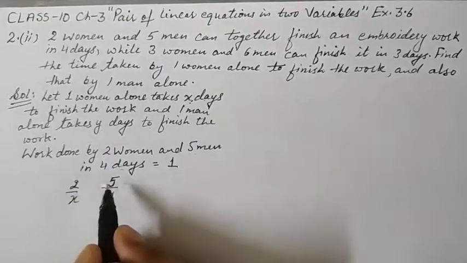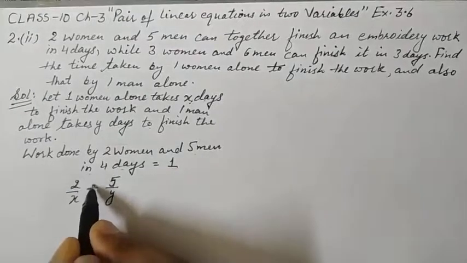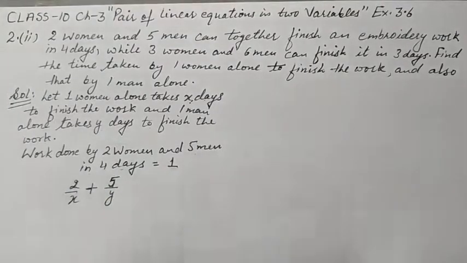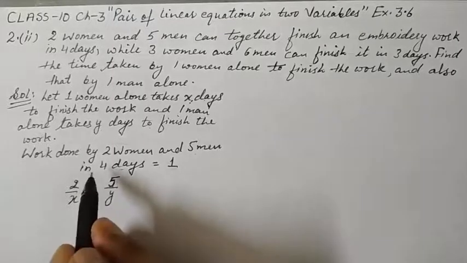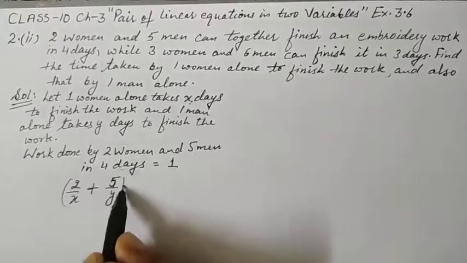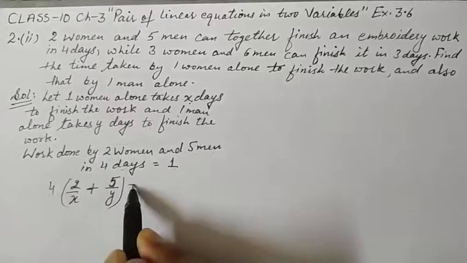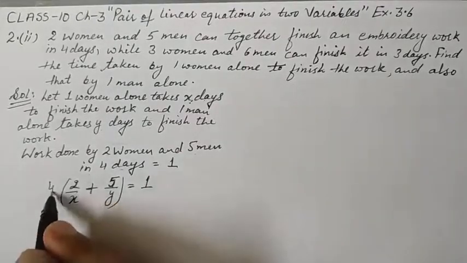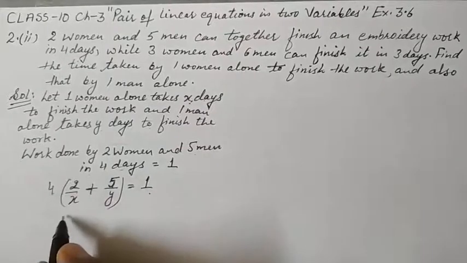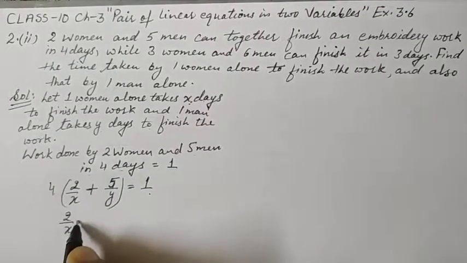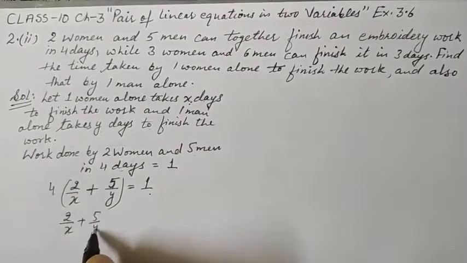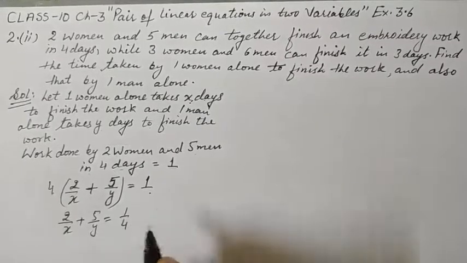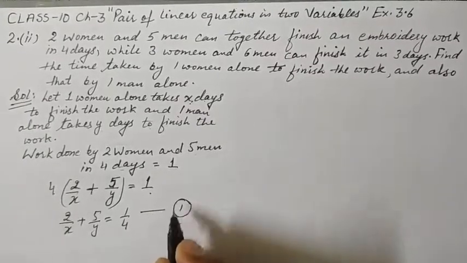Now 2 women and 5 men's one day work, we will add. Now 2 women and 5 men's 4 days work, we'll multiply with 4, and that is equal to 1 complete work. Now this 4 will go to the denominator, so it will become 2 over x plus 5 over y is equal to 1 by 4. This is our first equation.